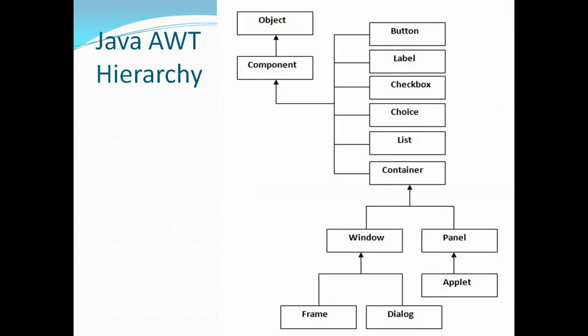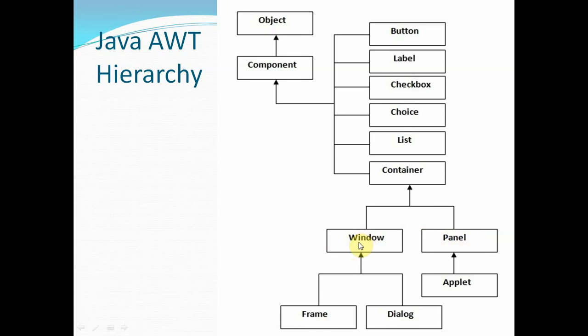This is the AWT classes hierarchy. The top level super class is Object, which has the subclass Component. Under this, there are several subclasses like Button, Label, Checkbox, Choice, List, Container, etc. Container contains two subclasses, which are two windows: one is Window, another one is Panel.